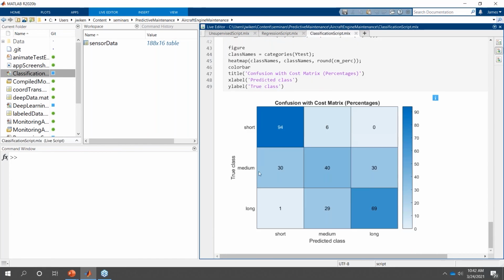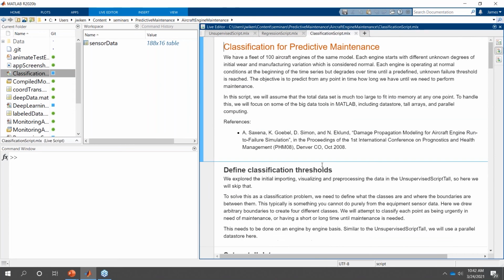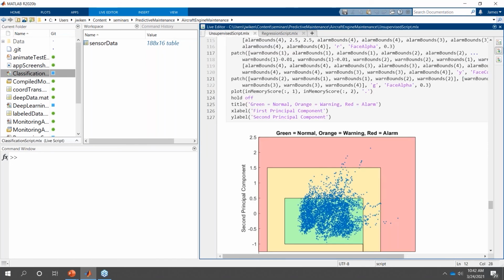Like I said, we don't really have time to go into this today, but if you're interested in taking the next step of what we did here into building an actual predictive model, or I guess this would be more of a prescriptive model because it's just telling you what the current state is, then that's where I would suggest looking at this classification script.